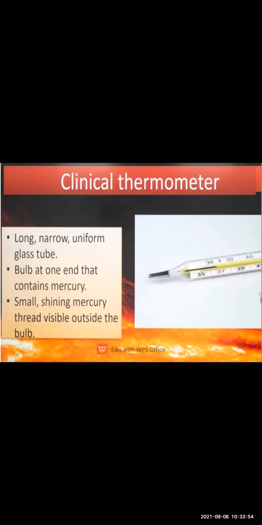Inside this bulb, mercury is present. What is mercury? Mercury is a small shining thread which is visible outside the bulb.